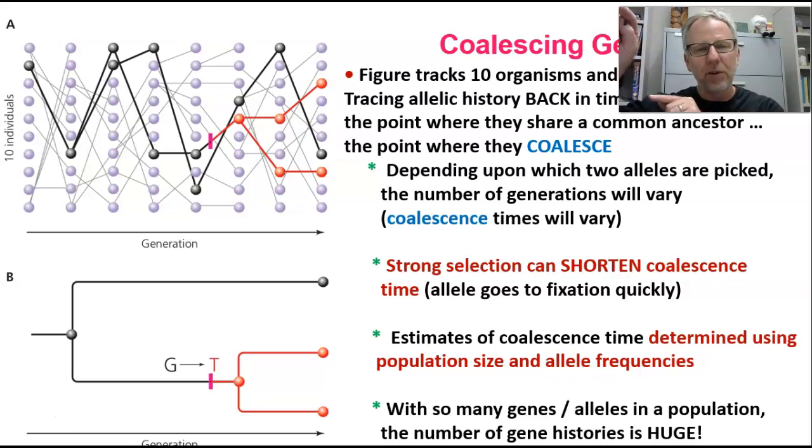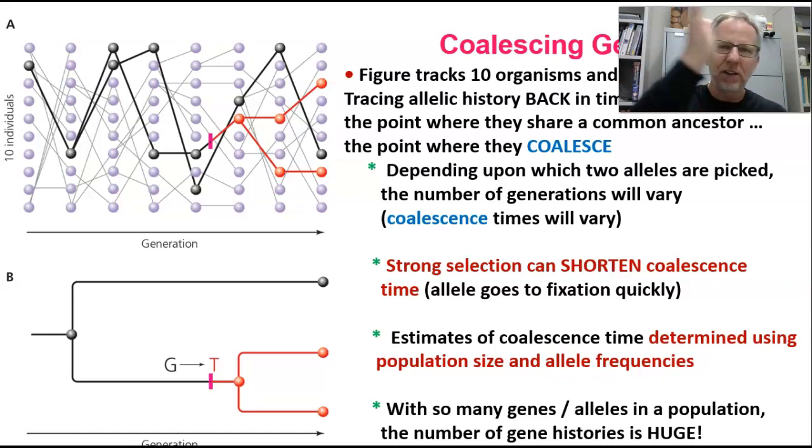How far back do we have to go to trace where those two organisms with the red allele came from the common ancestral allele where there was a mutation? Per that figure, you can see 2 generations back. How many generations back would we have to go to see where that allele came from the black allele? Well, that would be 3 generations back.